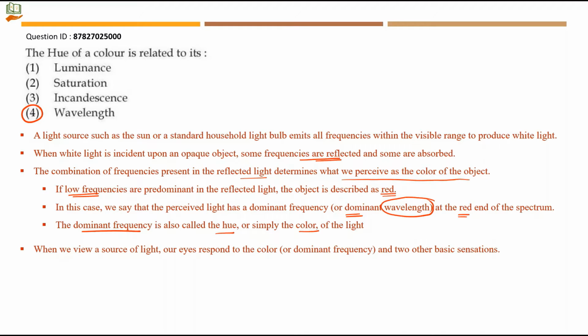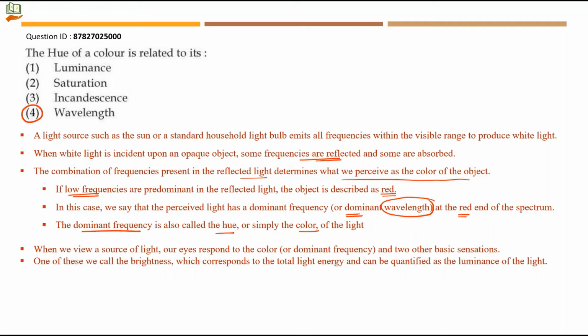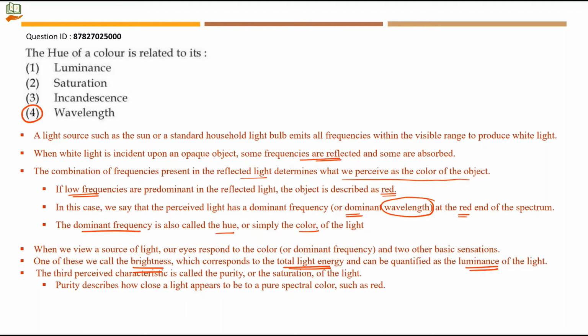When we view a source of light, our eyes respond to the color, the dominant frequency and 2 other basic sensations. What are the 2 other sensations? One of these we call the brightness, which corresponds to the total light energy and can be quantified as the luminance of the light. So luminance is talking about the brightness and brightness is about the total light energy. So first is luminance and the second one is the hue and the third one is what we are going to see next.